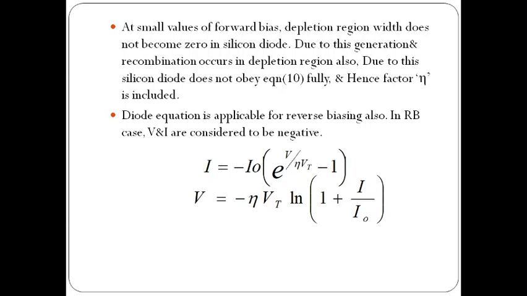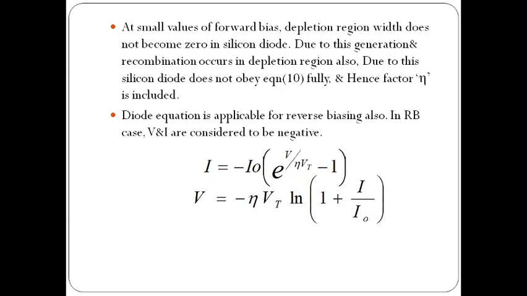But for small values of forward bias voltages, the depletion region width does not become zero in silicon diode. This is the main reason. Due to this, generation and recombination occurs in the depletion region also. Due to this, silicon diode does not obey equation 10. That means whatever theoretical value we derived. Hence, the factor, or ideality factor, eta is included.